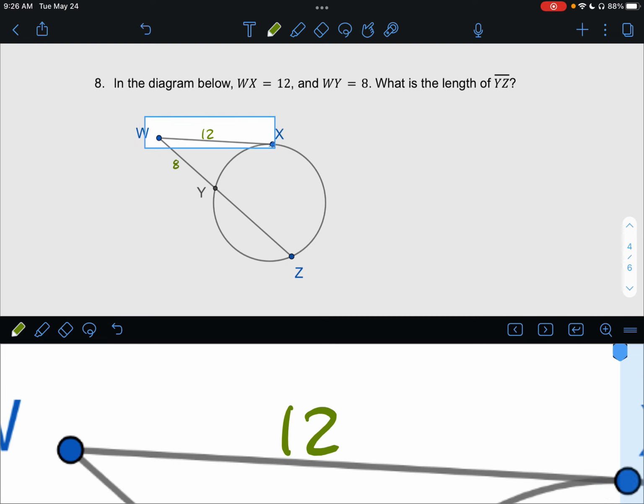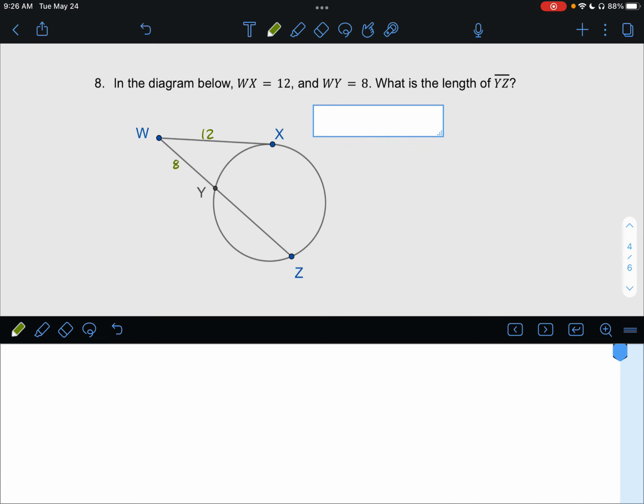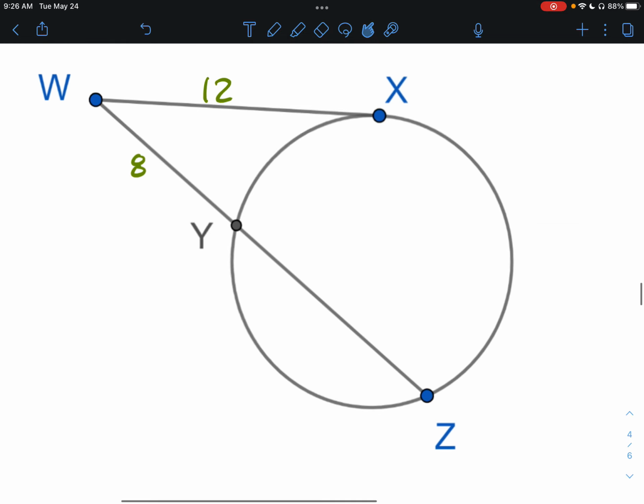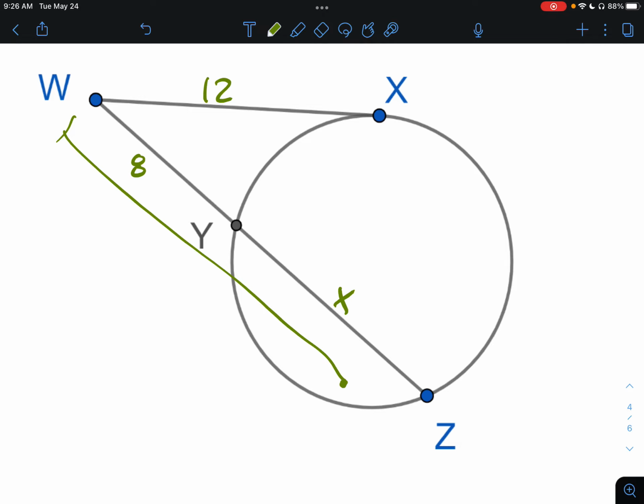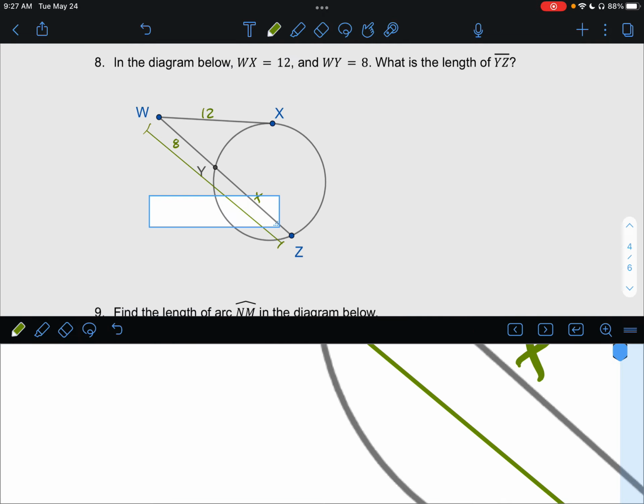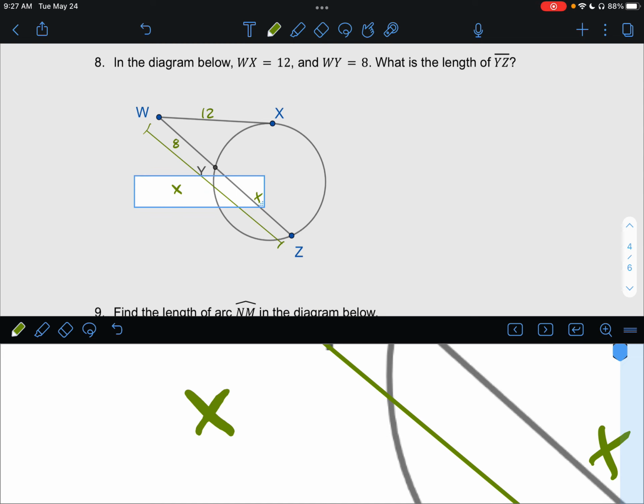When a tangent intersects a secant, the formula is the tangent squared equals the outside part of the secant times the entire length. I'll call YZ x, even though x is already a variable in this diagram. So the entire length here is x plus 8.